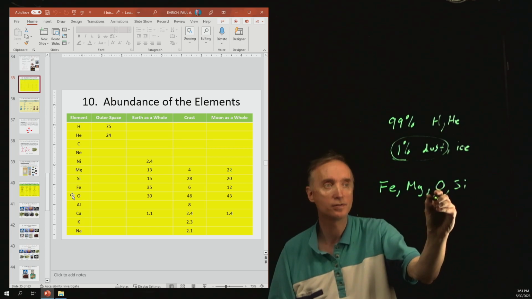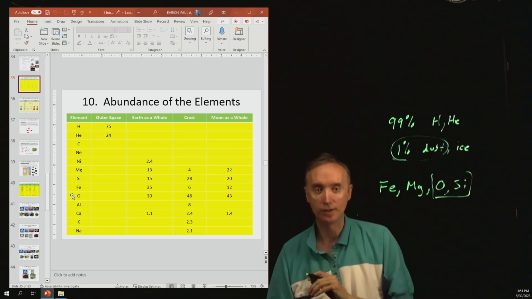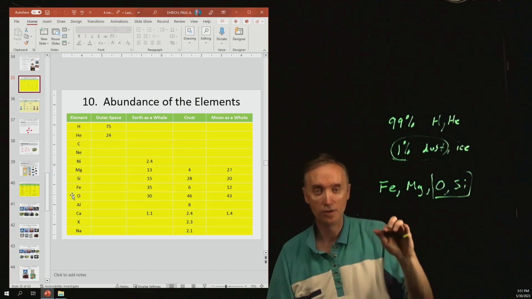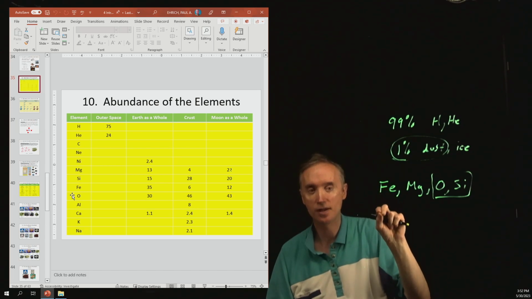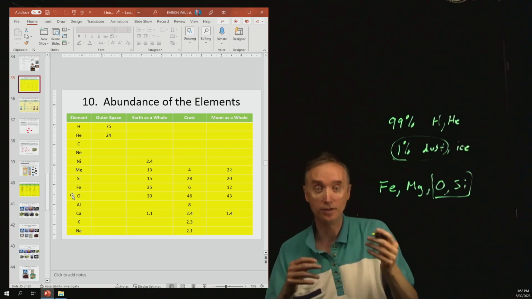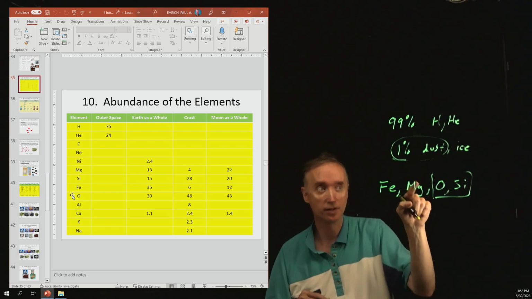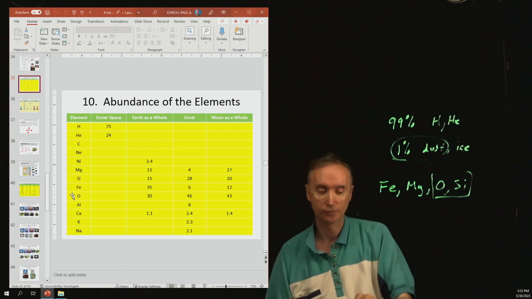So in the crust, notice that oxygen and silicon dominate. And so this is going to form the backbone of 90% of all the minerals that are on the surface of the Earth or in the Earth. So silicon and oxygen are going to go together to make that backbone.